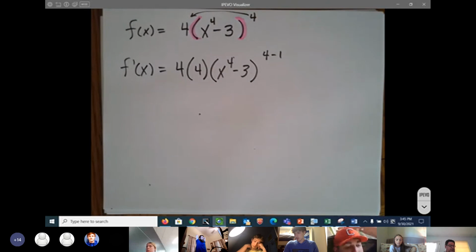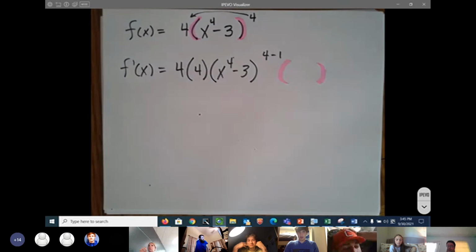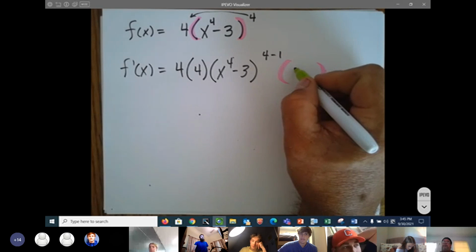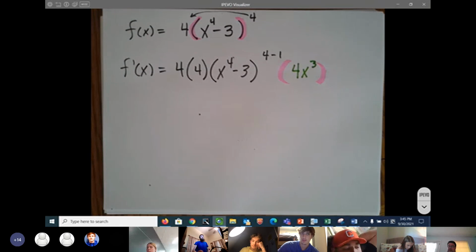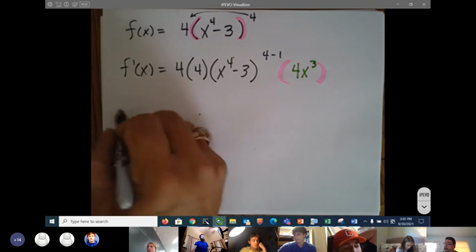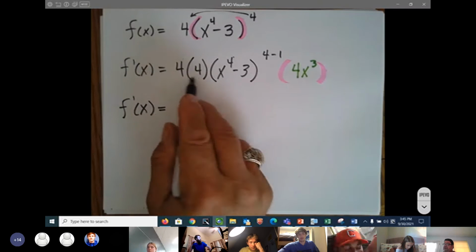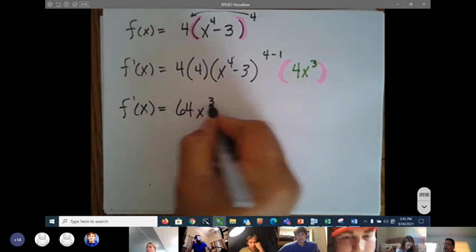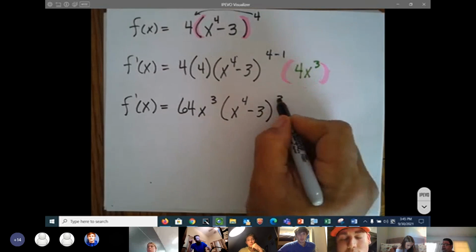And then somebody tell me, be careful here, what is the derivative of x to the 4th? 4x cubed. So your final answer, f prime of x, is 4 times 4 is 16 times 4 is 64, x to the 3rd, (x to the 4th minus 3) to the 3rd power.